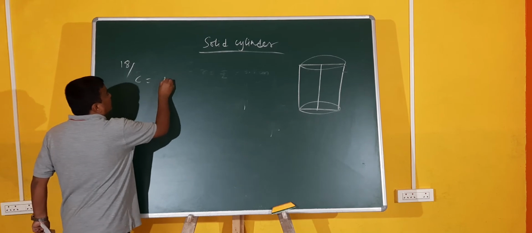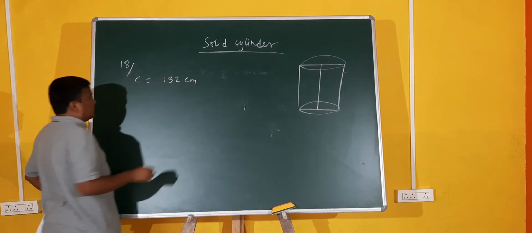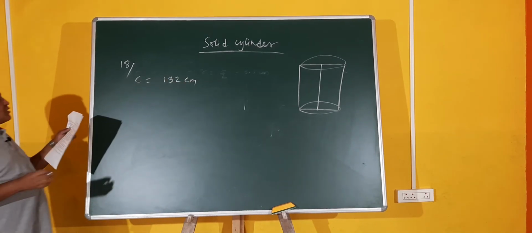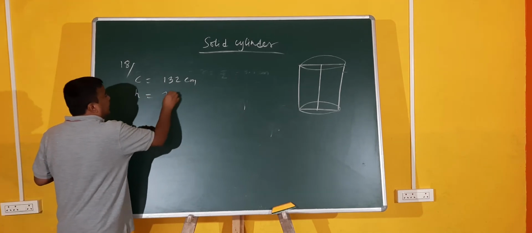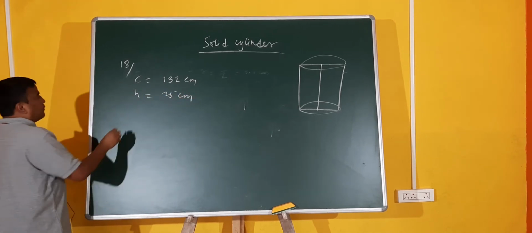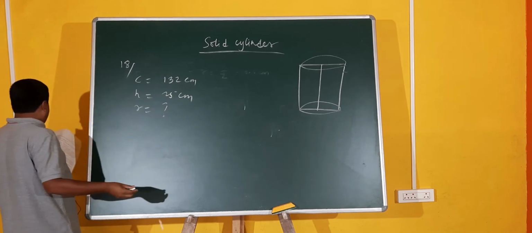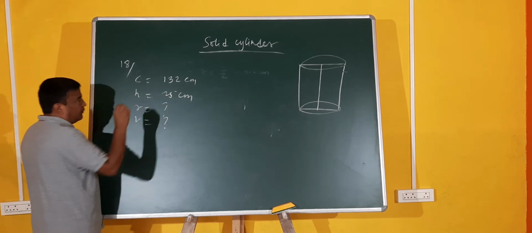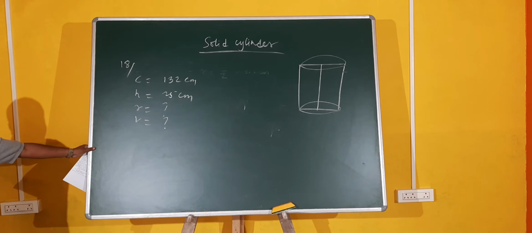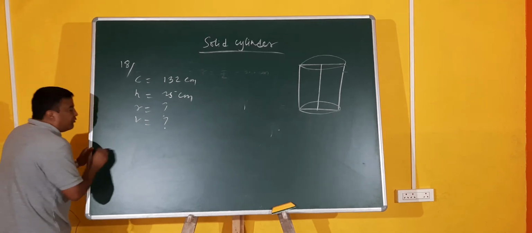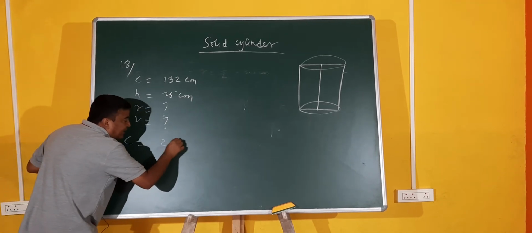Circumference is given, which is 132 centimeter, and height is 25 centimeter. You have to find out radius and you have to find out volume. It's a very simple question. First use circumference to get radius.